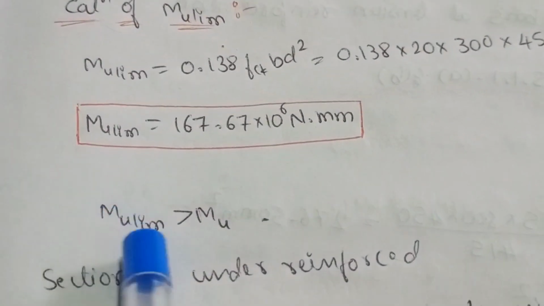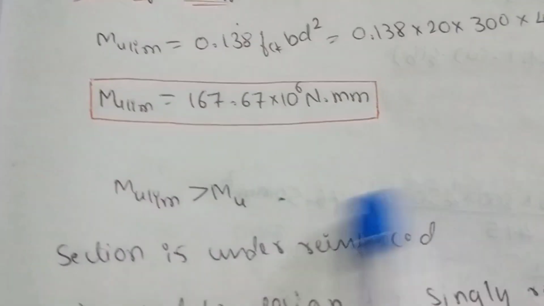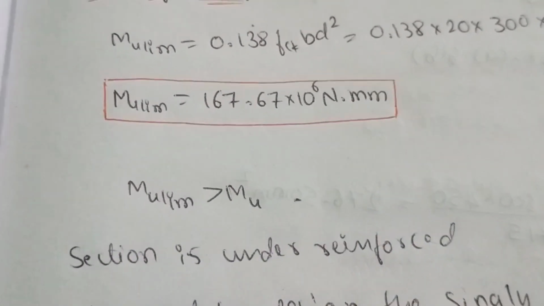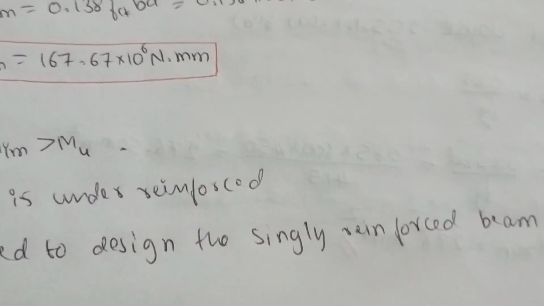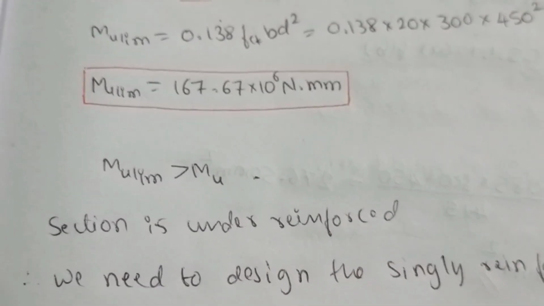So our Mu limit value is greater than Mu. So, we see, our section is under reinforced. When our section is under reinforced, we need to design the singly reinforced beam. This is how we'll calculate the Mu limit.